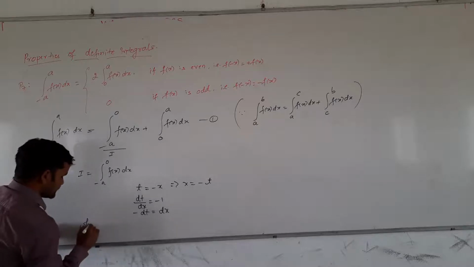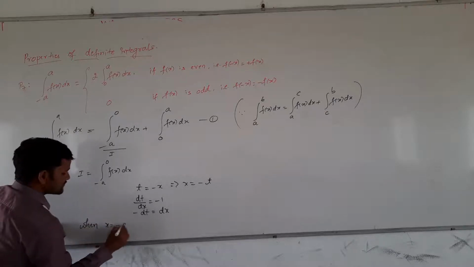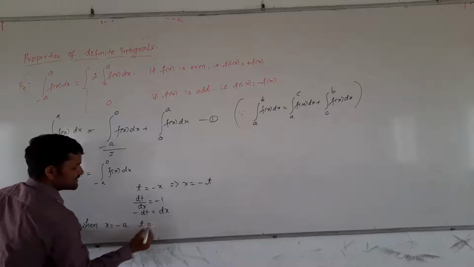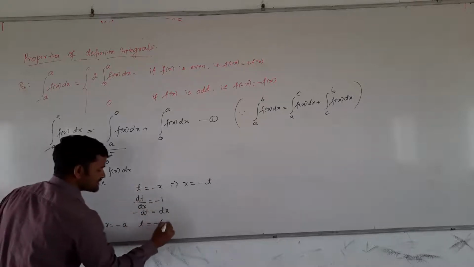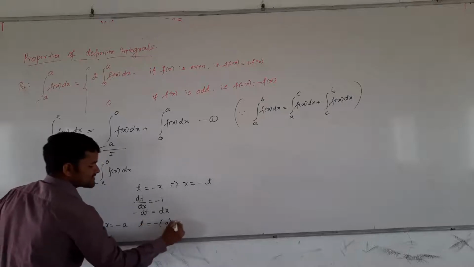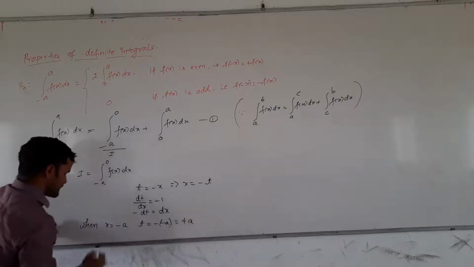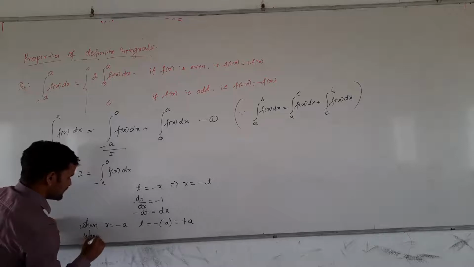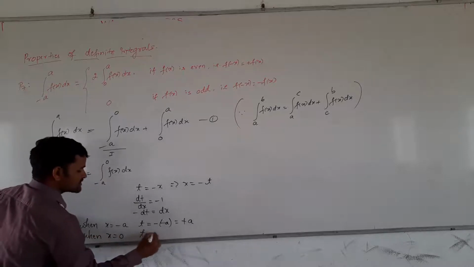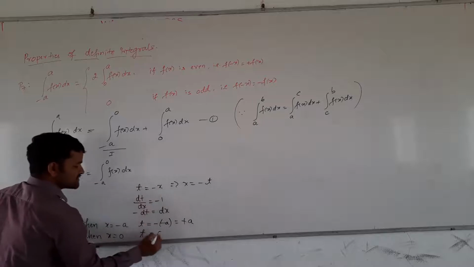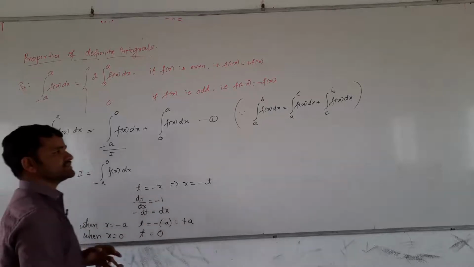When x is equal to minus a, what is t equal to? Minus minus becomes plus, this is plus a. Next, when x is equal to 0, that is the upper limit, what happens to the t value? Minus into 0 is also 0 only.